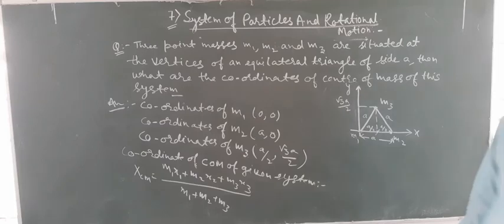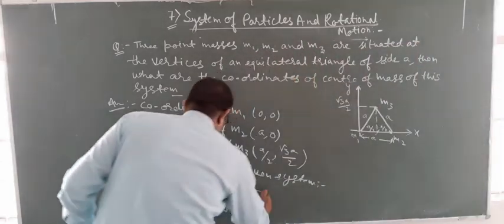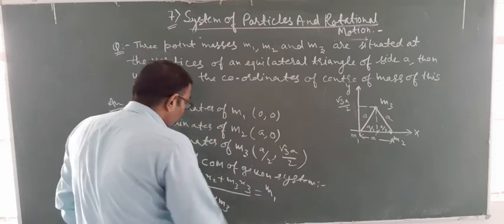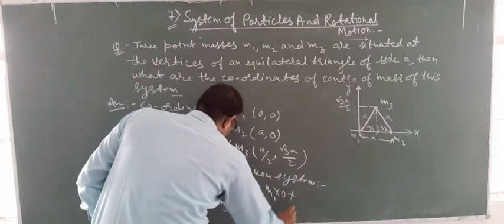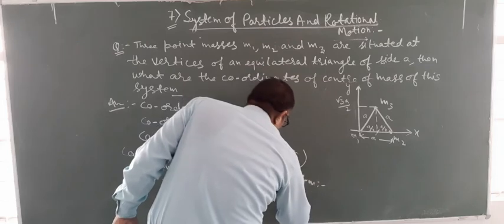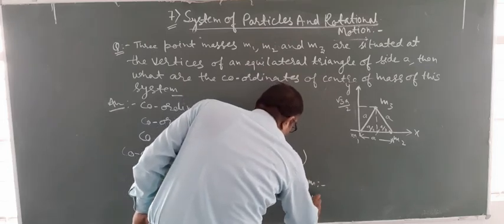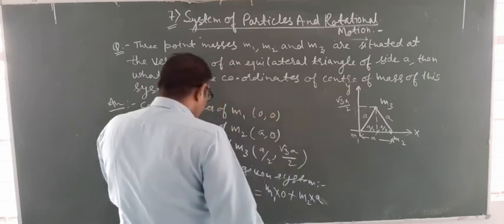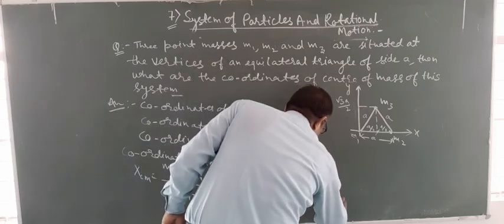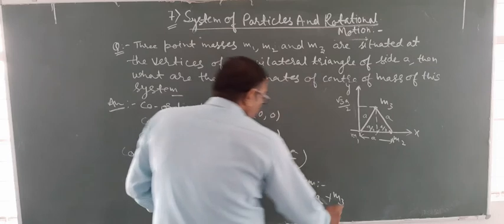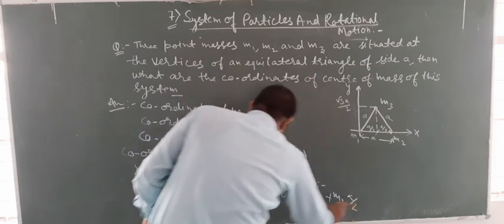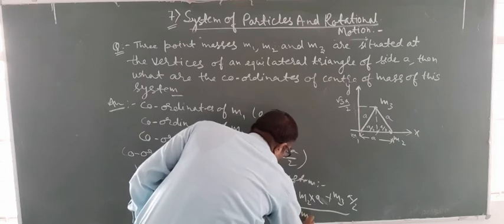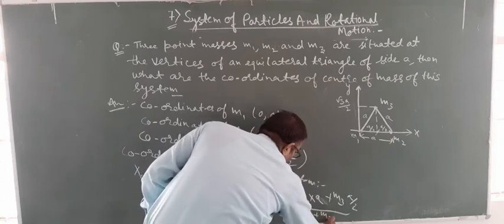So it can be written as M1 into 0 plus M2 into a plus M3 into a by 2, upon M1 plus M2 plus M3.